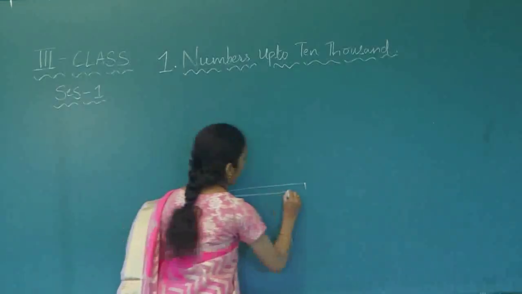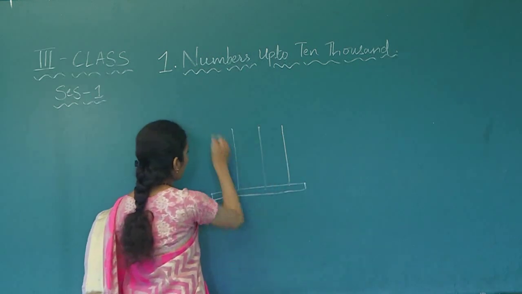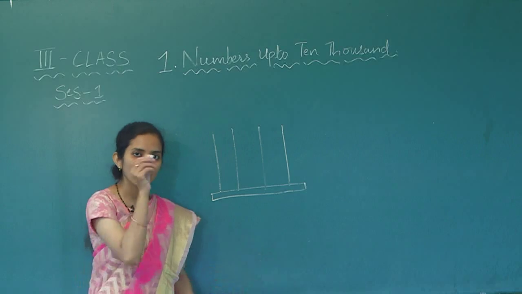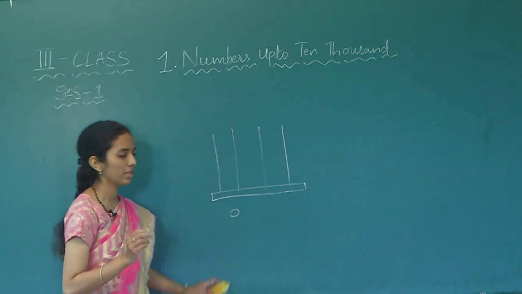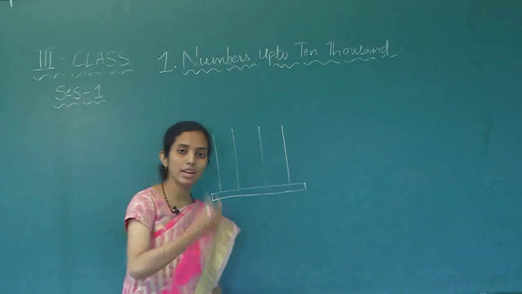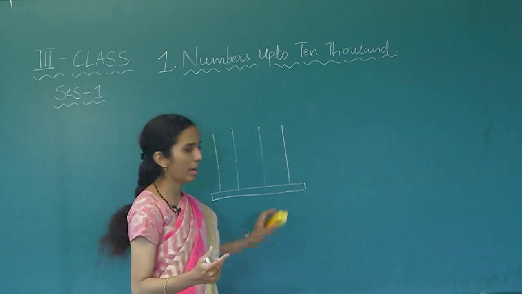It has some spikes, the sticks like this are called spikes, and on these spikes we represent numbers with beads, that means small rings like this. So he is explaining how to represent the number on the abacus.